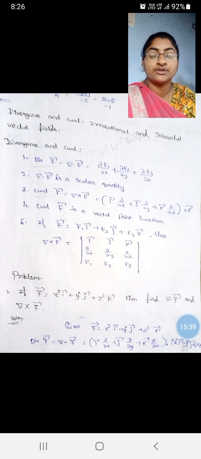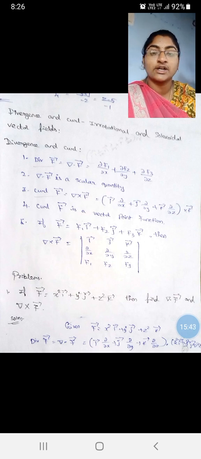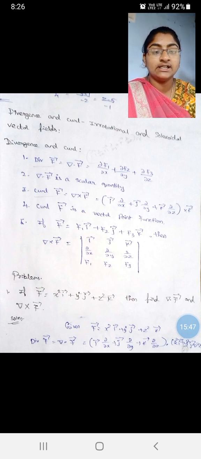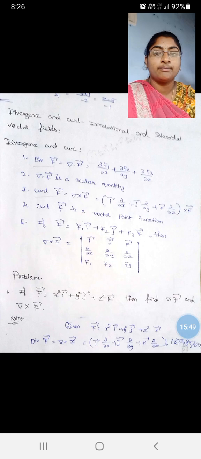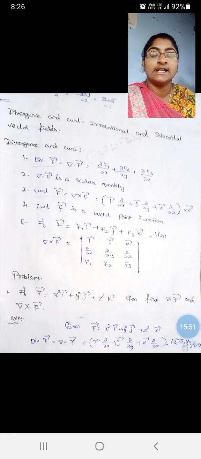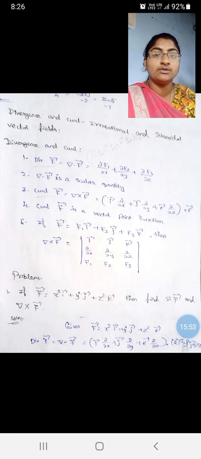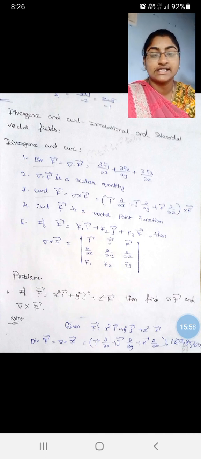Next, the important topic: divergence and curl, that is, irrotational and solenoidal vector field. So, divergence can be written as del dot f is equal to 0. Suppose if it is curl, that is del cross f is equal to 0.